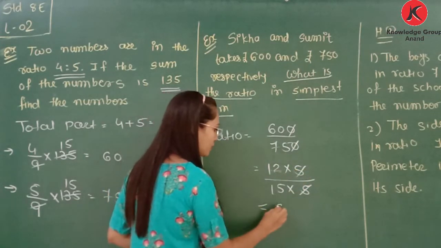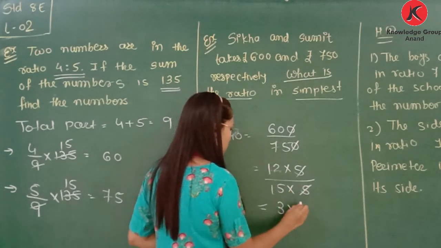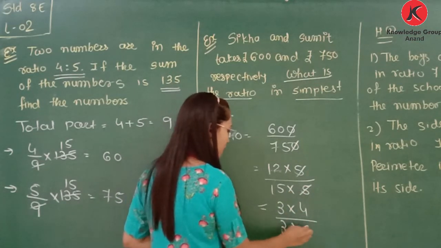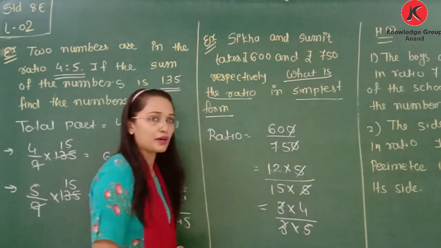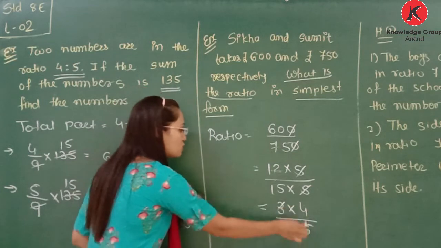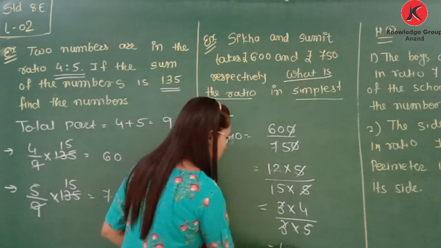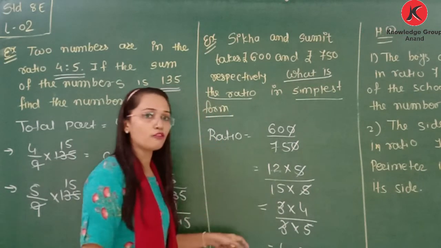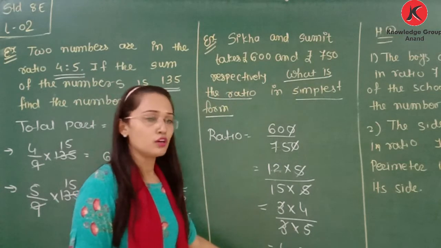Again we have a common factor: 3 fours are 12, 3 fives are 15. So cut the common factor 3. The remaining 4 and 5 is the simplest form because there is no common factor between 4 and 5. So the ratio is 4:5. The ratio of money got by Sikha and Sumit is 4:5.